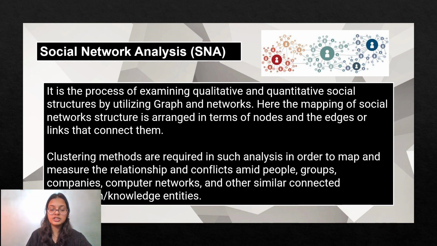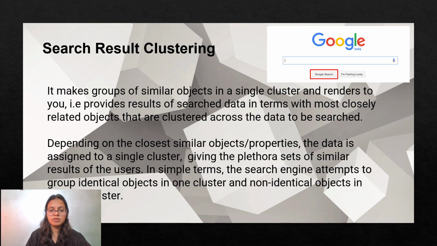Next, search result clustering. It makes groups of similar objects in a single cluster and provides results of search data in terms of the most closely related objects that are clustered across the data to be searched.